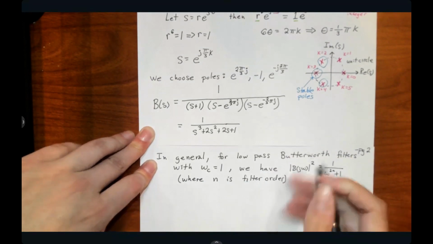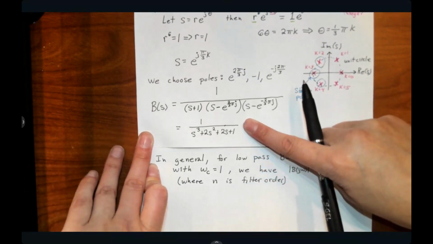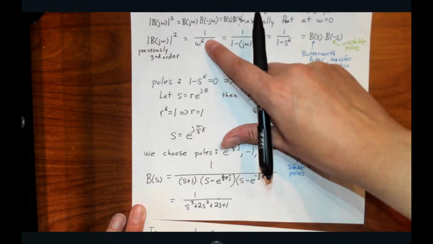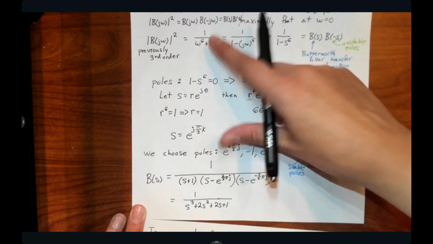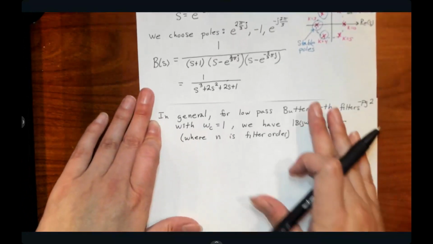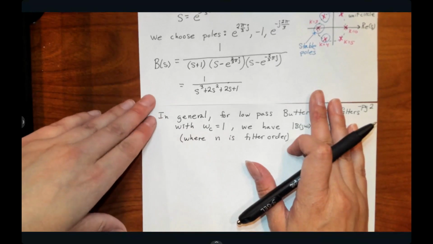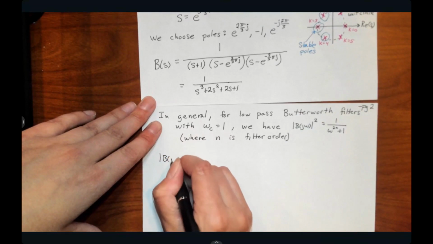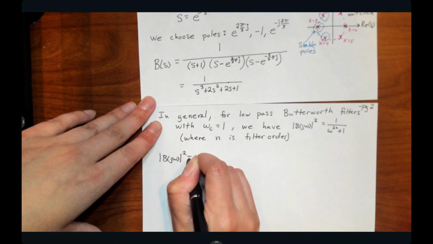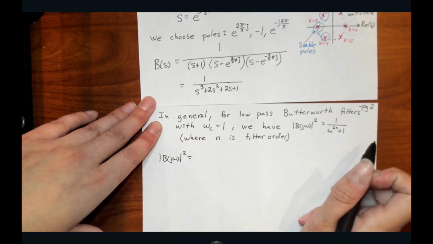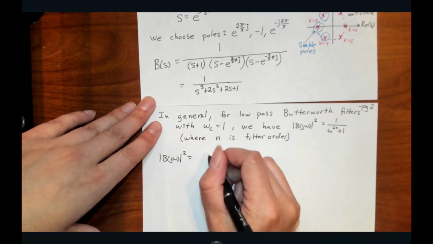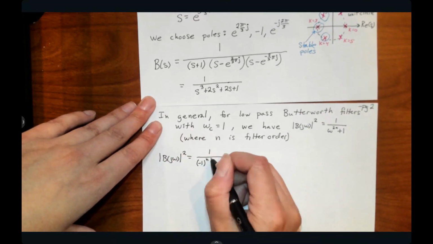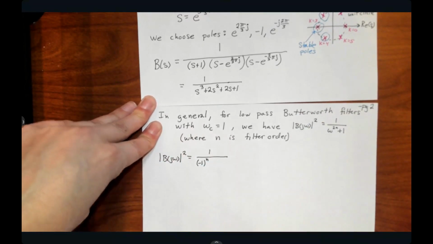In this case, I wanted a 3rd order filter, and so if we look up here, I ended up with 2n is 6 in that expression. To get to the B of S that we're interested in, so B j omega squared, I want to substitute in j omega where I have the omega. And by doing that, I'm going to end up with some -1s in there.